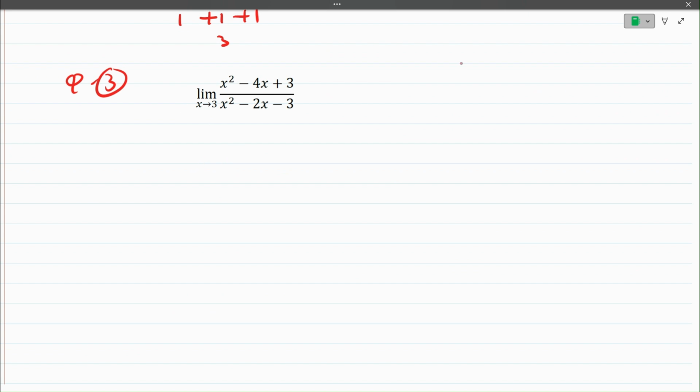Here too, if you substitute x with 3, you get 0 by 0. So we use the method of splitting the middle term and will factorize both numerator and denominator. It will be x squared minus 3x minus x plus 3.